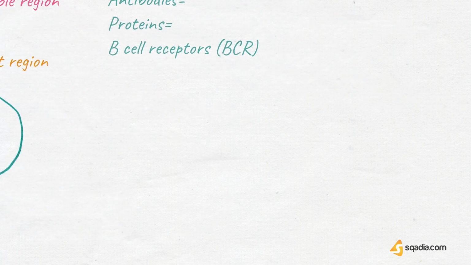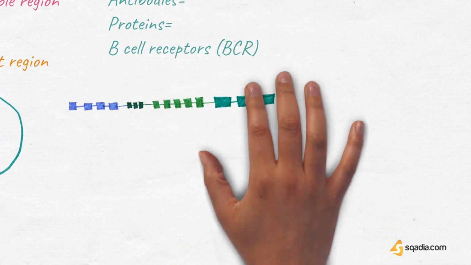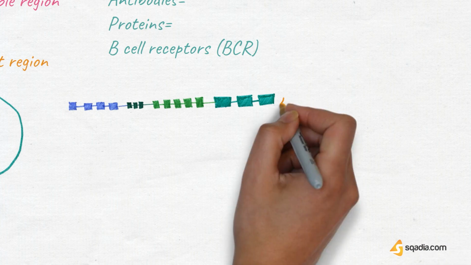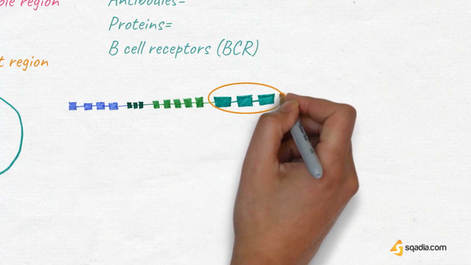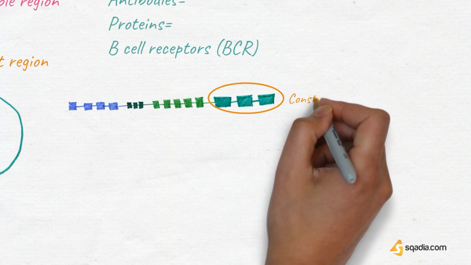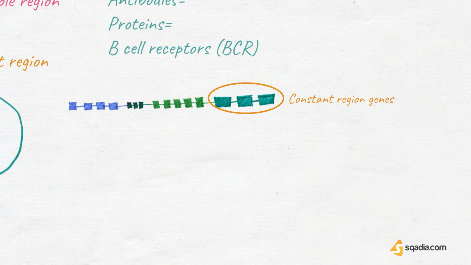Let's take a closer look and see how this happens. Now imagine small squares like genes in the part of the DNA of the B cell dedicated to define the immunoglobulin structure. The green genes code for the constant region of the heavy chain, so they will not be modified.